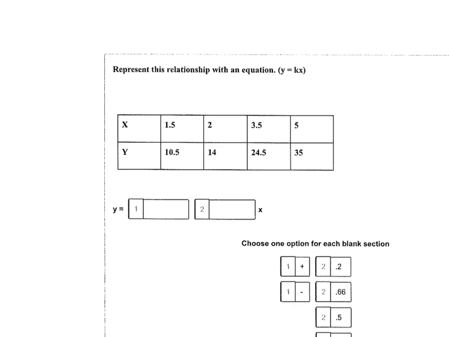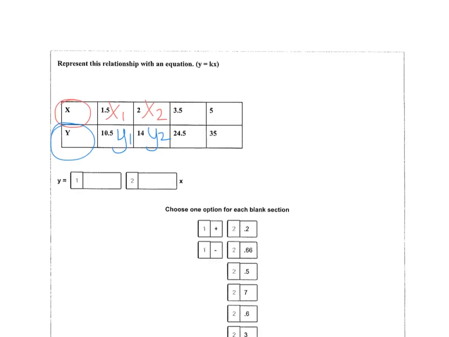Number 2, the same thing. Remember, just be aware that these are your x's, these are your y's, so be very careful. You've got x1, x2, y1, and y2. So when you go to subtract, make sure you're keeping your y's together. So 14 minus 10.5 over 2 minus 1.5.